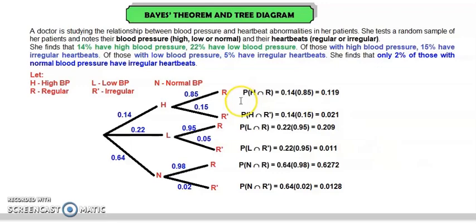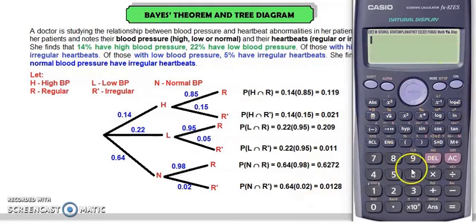Again, the total probability must be equal to 1. So if you calculate here, 0.119 plus 0.021 plus 0.209 plus 0.011 plus 0.6272 and the last one 0.0128, the total must be equal to 1.